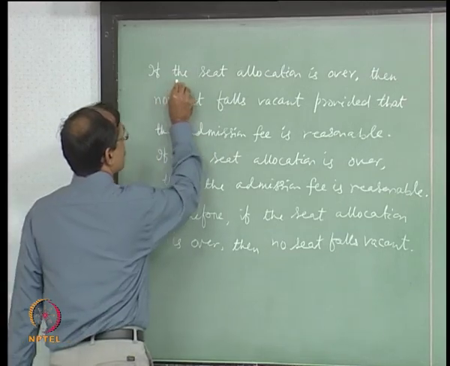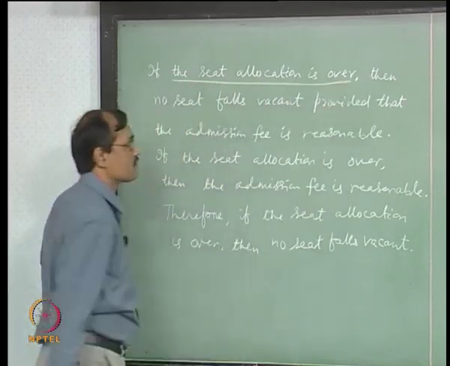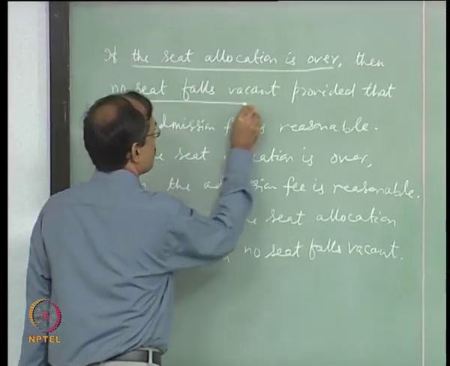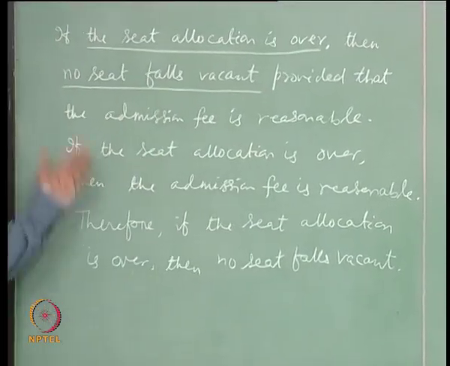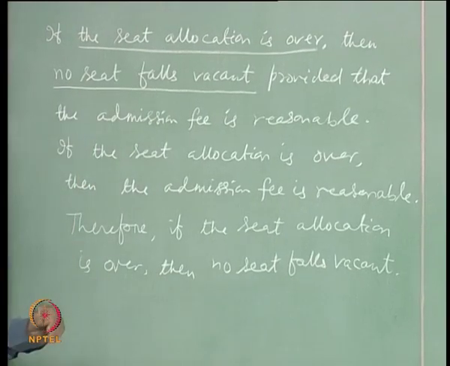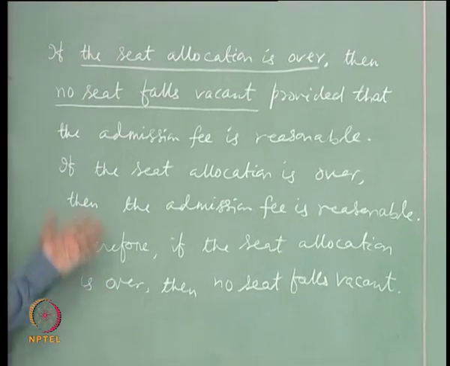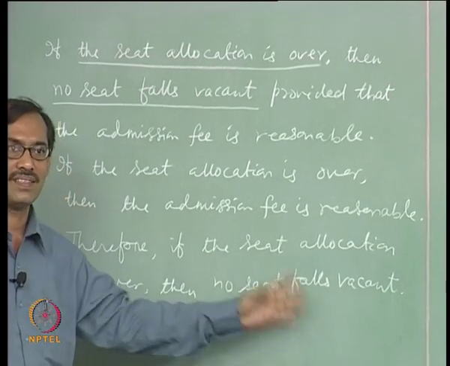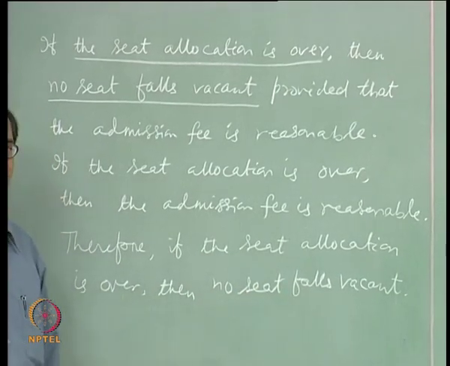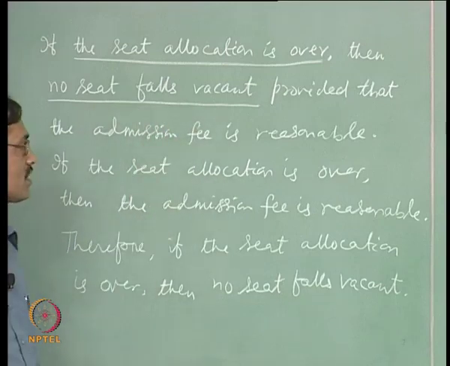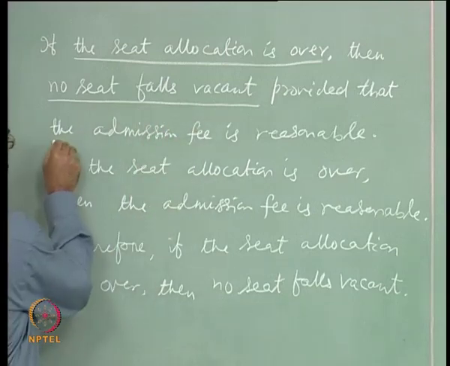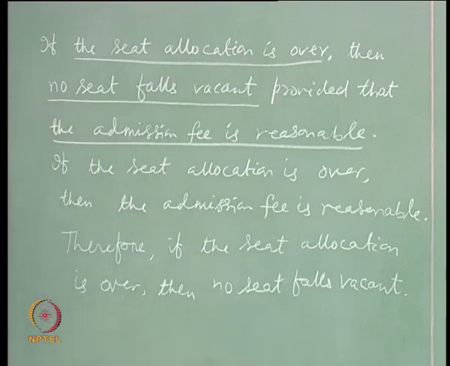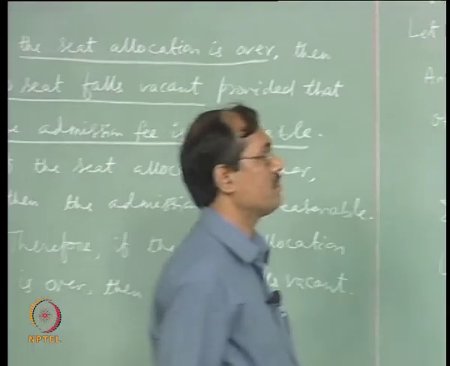Here, it is the seat allocation is over, second is no seat falls vacant, you can say seat falls vacant also, then negate, but it does not matter because it always occurs as no seat falls vacant, everywhere. So, we can start from the beginning with no seat falls vacant. Next, the admission fee is reasonable, that is all. Okay, let us write them.